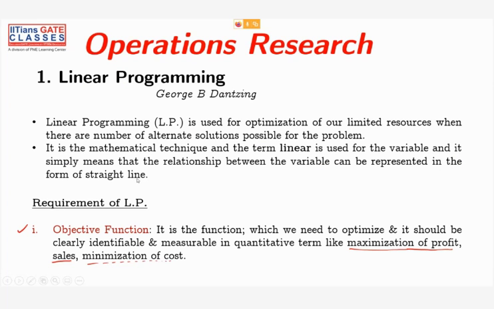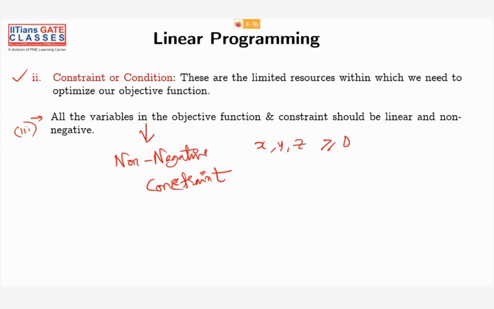So in the last class, we discussed operations research. The father of linear programming is George B. Dantzig. What are the requirements of LP, linear programming? One is your objective function, another is your constraint, and the third one is your non-negative constraint.